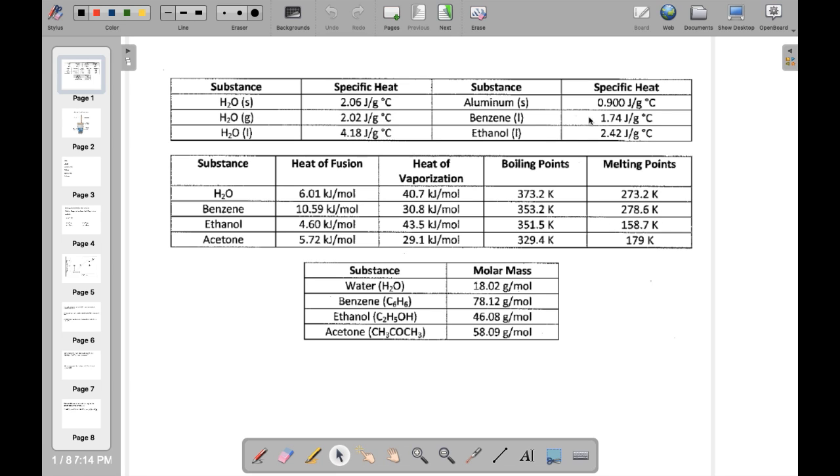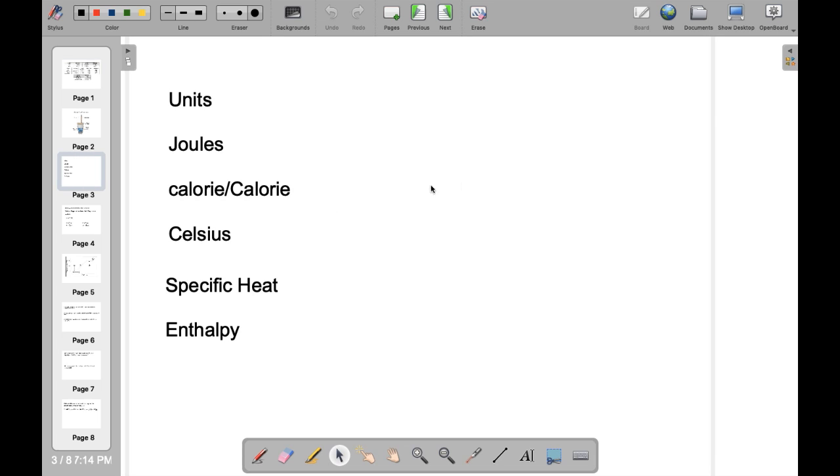So let's go ahead and look at just a couple of terms really fast. What sort of units do we use with thermochemistry? Well, the most common are the joule. We have a small calorie. I say small calorie because it has a small c, and a large calorie. These are units of energy, basically.